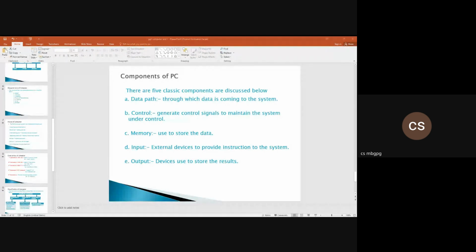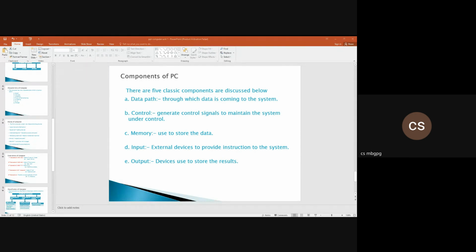And in the computer, we also use memory for swapping in or swapping out of data. Because initially, the instruction program, even the operating system, is stored in the secondary memory.